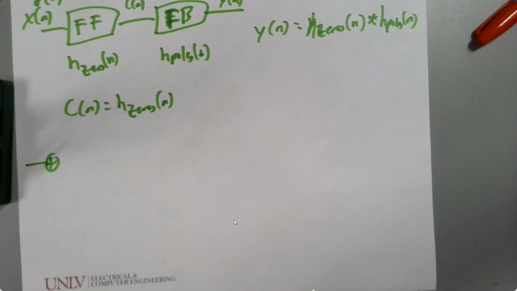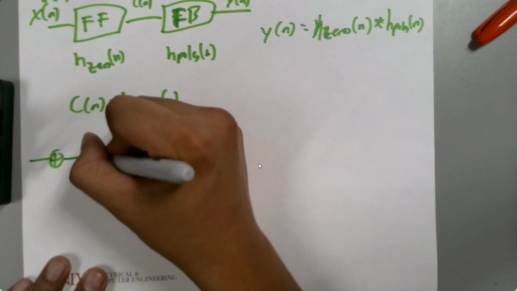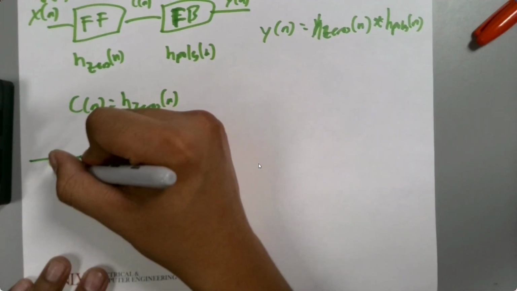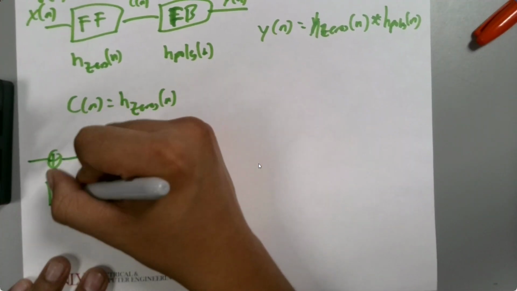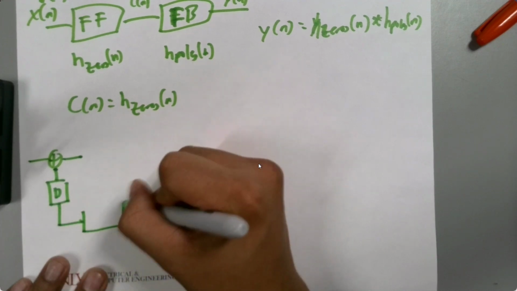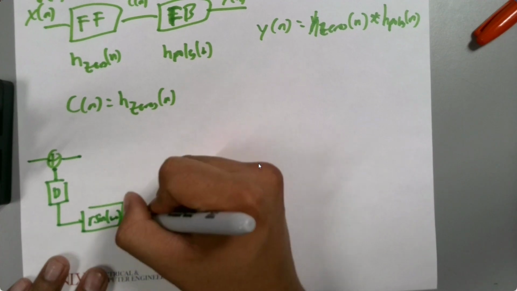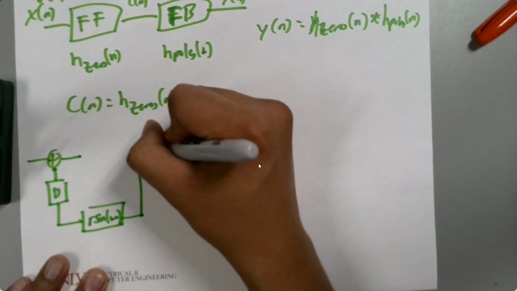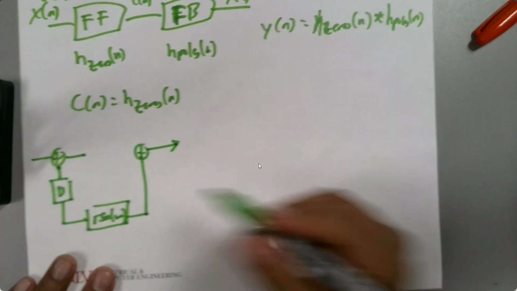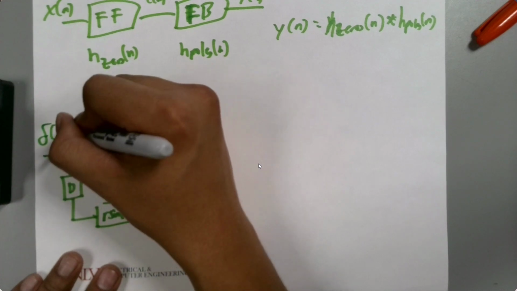Not that way. Let's put one delay here. And we just have an R sine omega naught. So we just kicked our box, right?